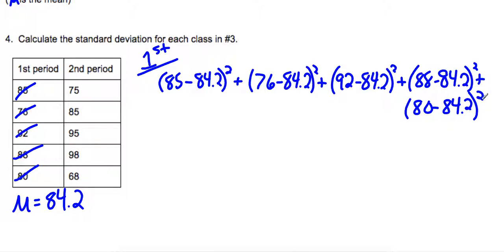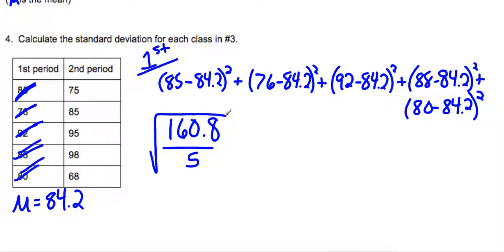Okay? So put that all in your calculator. You just put it in with the parentheses exactly how it appears, and you get, I already did this, 160.8. Now, in the formula, then you have to divide by n. N is the number of test scores, so there's 5 of them. And then we're going to take the square root of that.